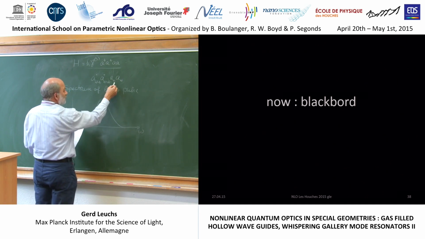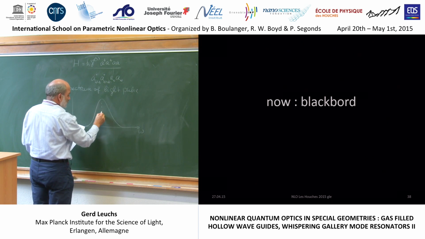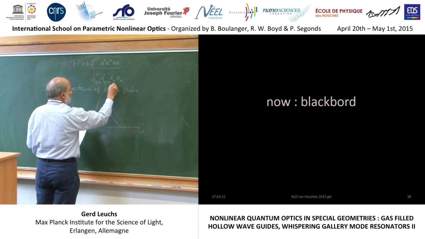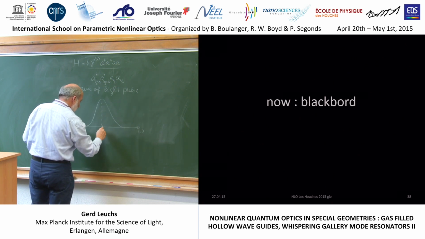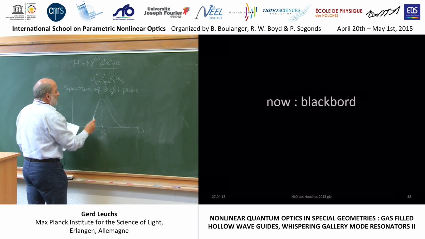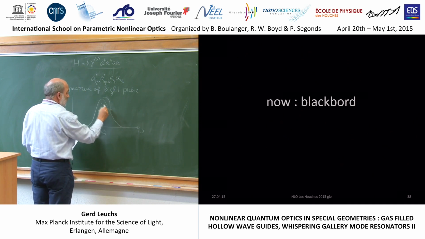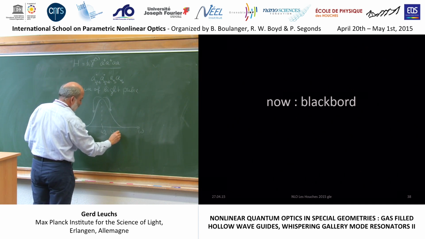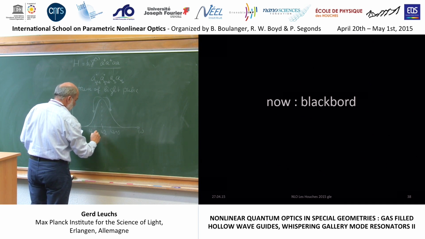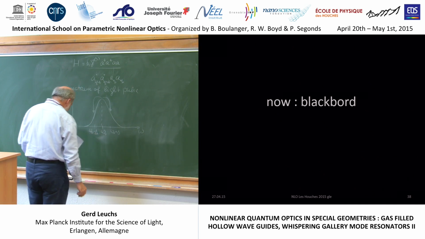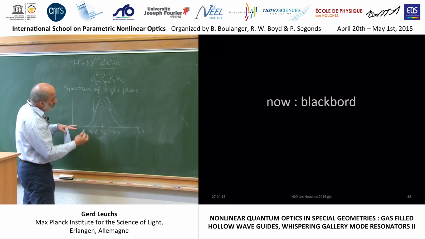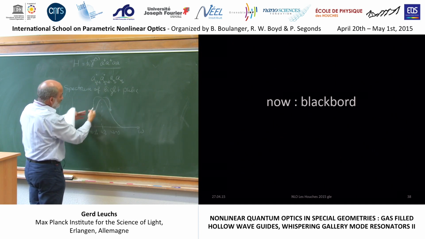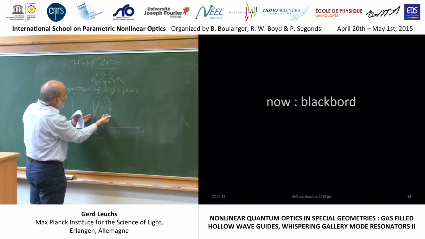One of the processes here is that 2 photons are taken away from the center frequency, maybe I call it omega 0. And so it will be dumped into the wings, omega 0 plus delta and omega 0 minus delta. Now in the experiment, when you want to understand how much of this happens, if this process is important, something like this should happen.